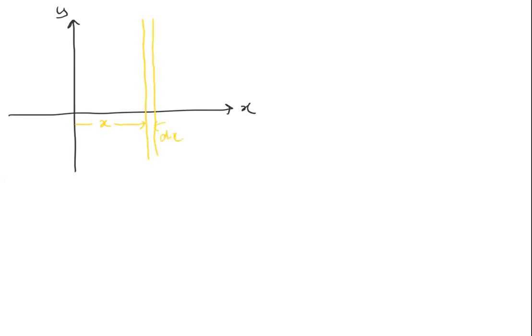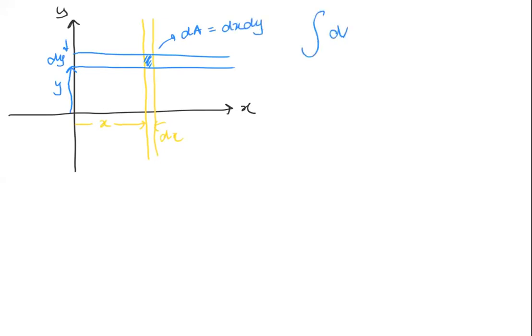Similarly, at a distance of y, you choose a strip of width dy. This is the area dA is equal to dx dy. Integration of dA is equal to integration dx dy. This is double integral.